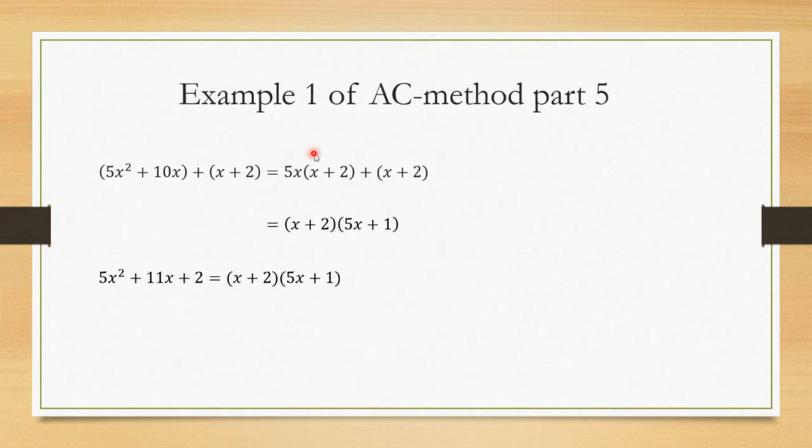Now we factor out x plus 2, pull it out in front, and what's left over? I did show more calculations last time, and you'll see more of them shortly. But here, even visually, you can see when you pull it out in front, the 5x is left over here. X plus 2 is pulled out, and it looks like there's nothing left, but we have to put a 1 there.